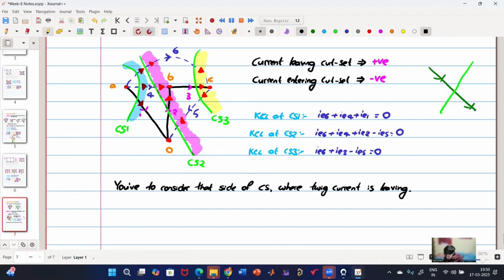If I consider this side region, current is entering the cut set. If you consider this side of the region, current is leaving the cut set. So in one case you will get positive, in one case you will get negative. But you have to consider that region where the twig current is having positive side. So that is the convention that we are considering. Does it make sense now?